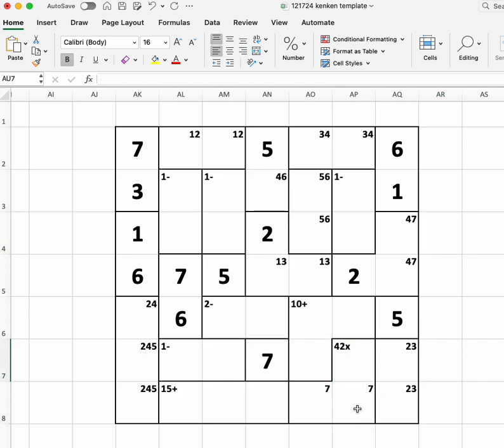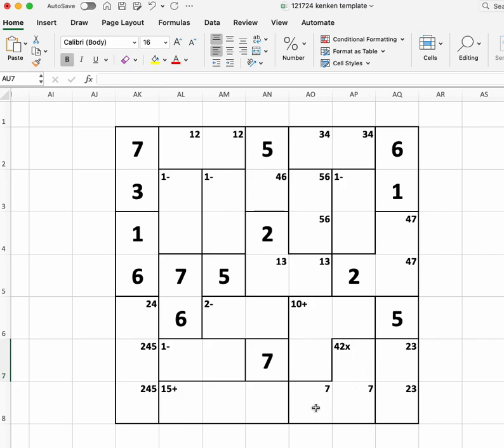Sorry, I won't click. 5 can't go in here. 5 can't go in here because of this. 5 doesn't go here. 5 doesn't go here, so the 5 is going to go in here. And it's going to be 4, 5, or 5, 6. I don't know how to write that in yet without killing this -1. I guess I'll just try to remember that.